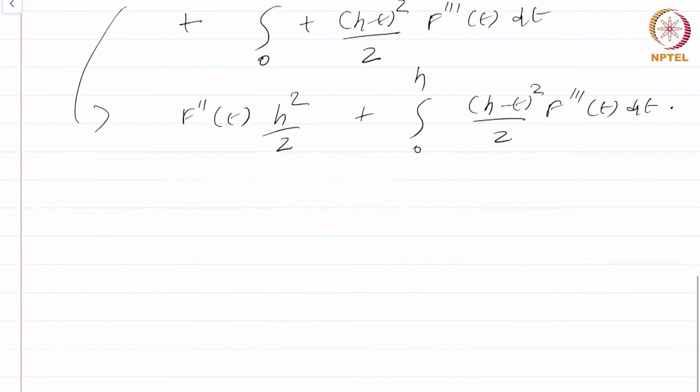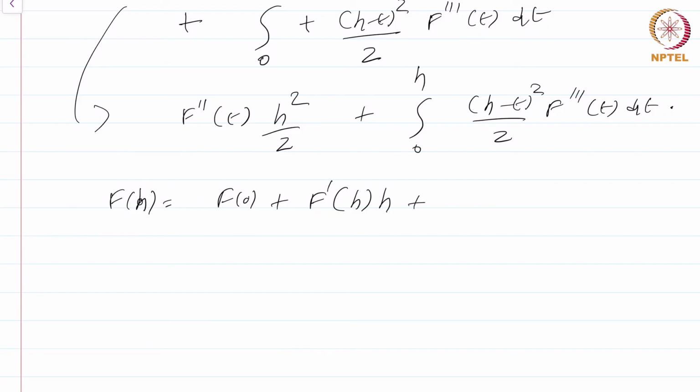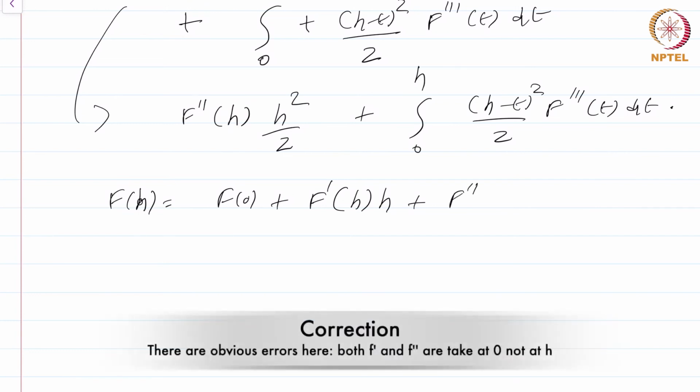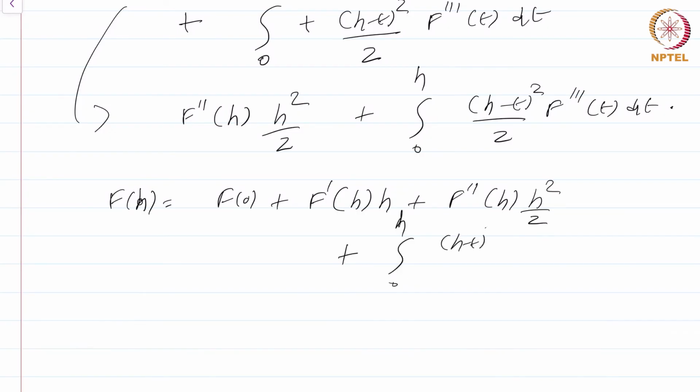Okay, so the original expression will become f of h is f of 0 plus f prime of 0 times h plus, again I made a mistake here, this is f double prime of 0 times h squared by 2, plus the integral 0 to h of (h minus t) the whole squared by 2 f triple prime of t dt.